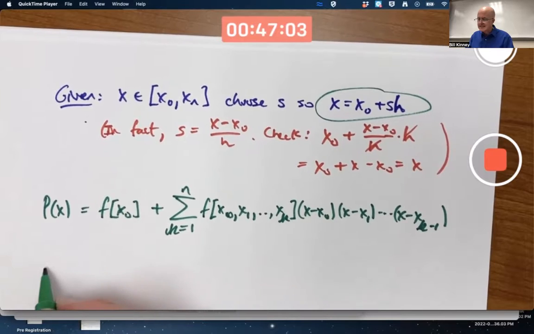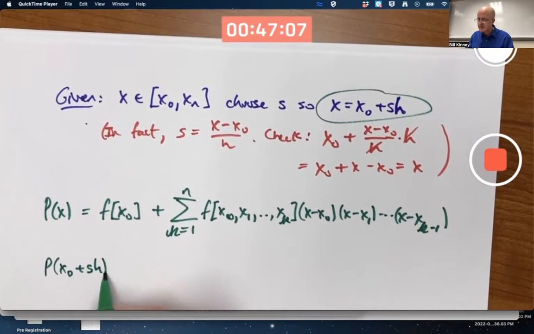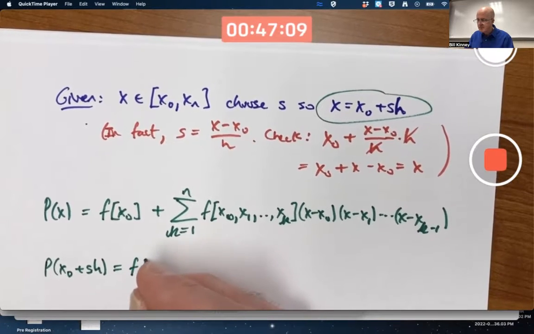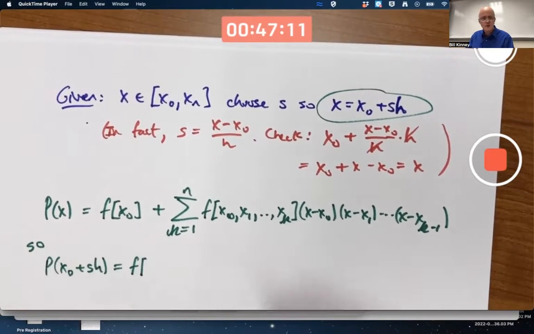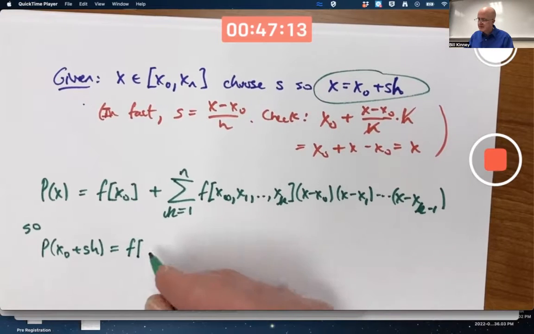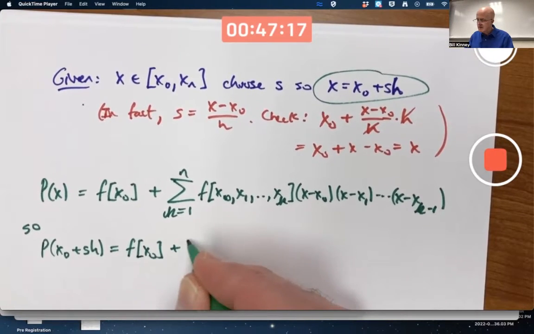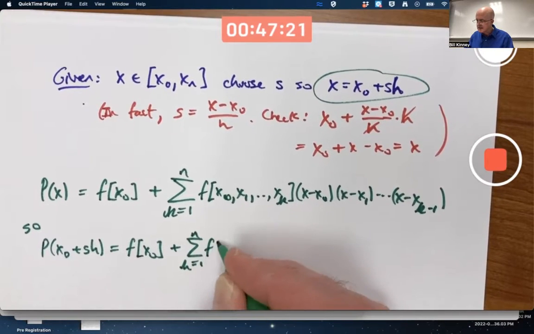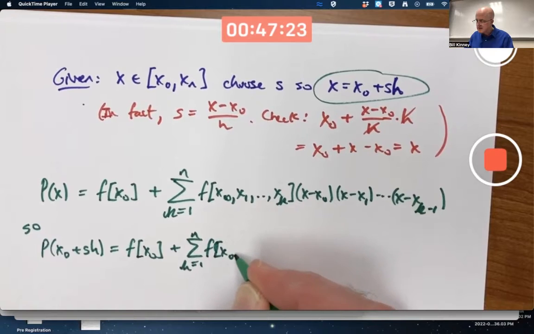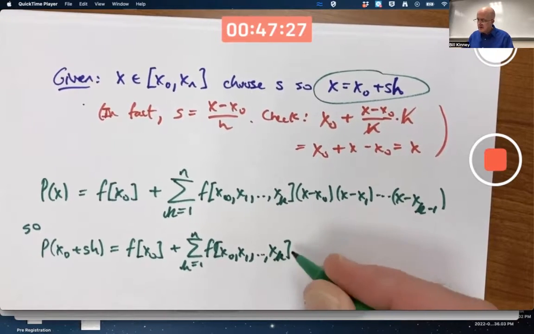And if we replace x here with x0 plus sh, let's see what happens. So f of x0 plus sh, just replace all the x's with those things. Oh, let's see.